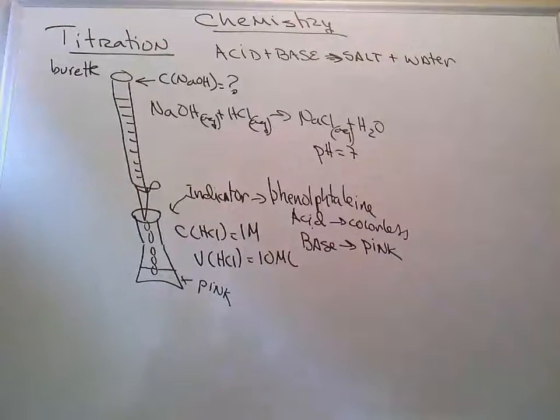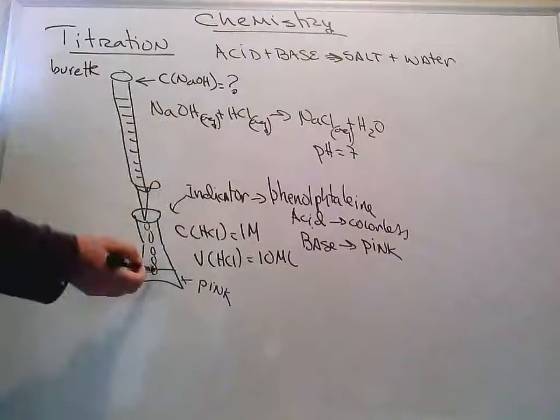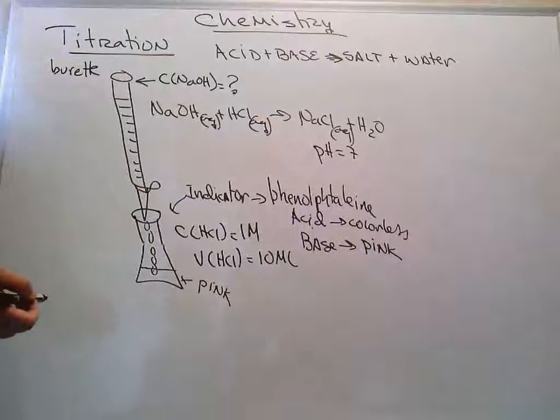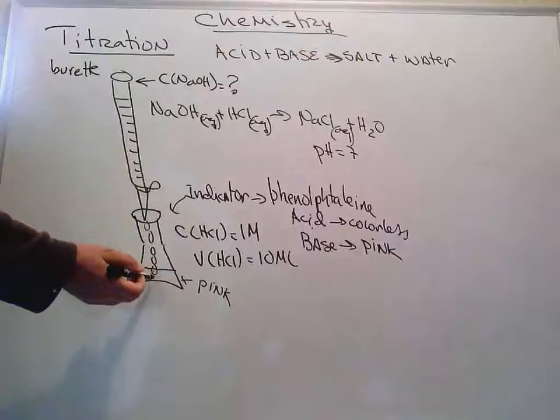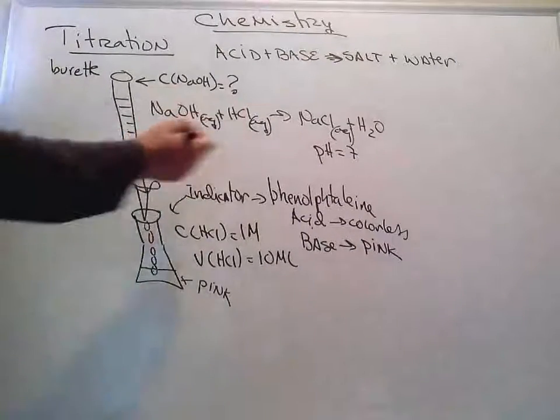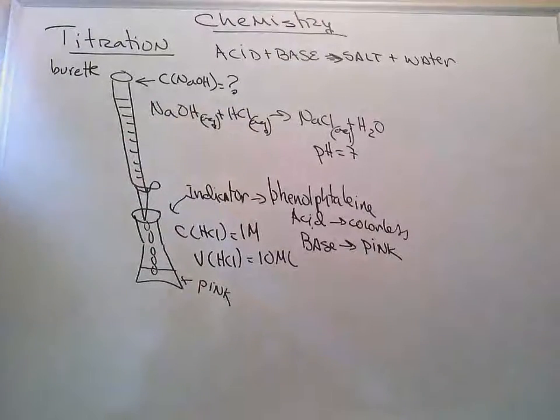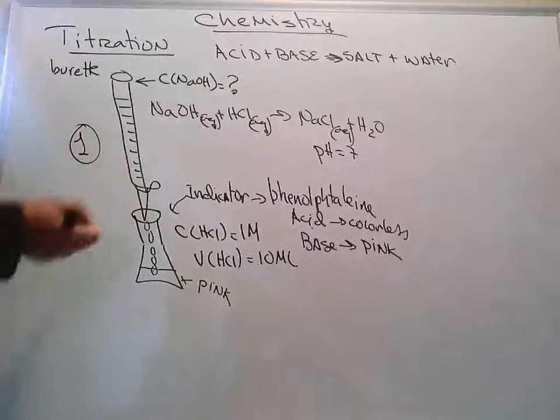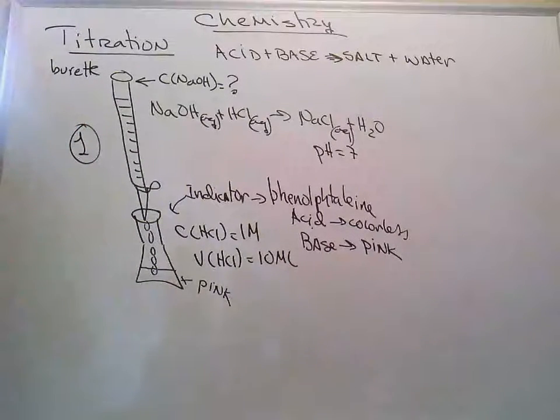And we will have to make sure we add a little bit of excess of sodium hydroxide. The reason we add an excess is to make sure the reaction goes to completion. And let's say we finish the titration, this is our first trial, we have to repeat that 2-3 times in order to get an accurate value and then find the average.